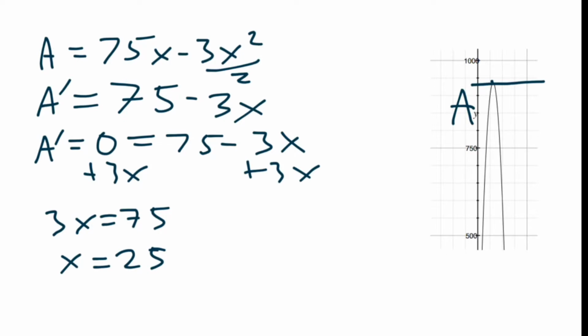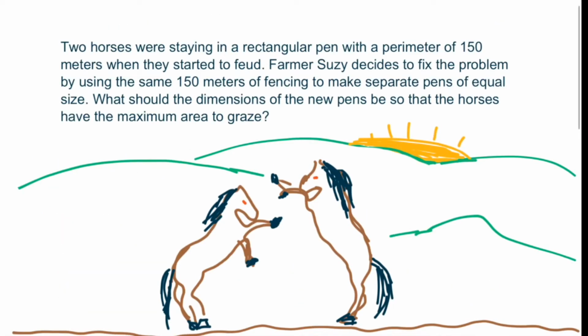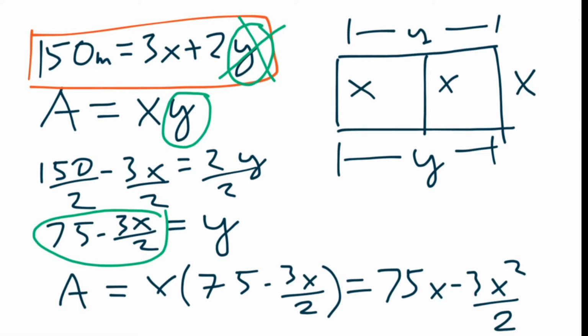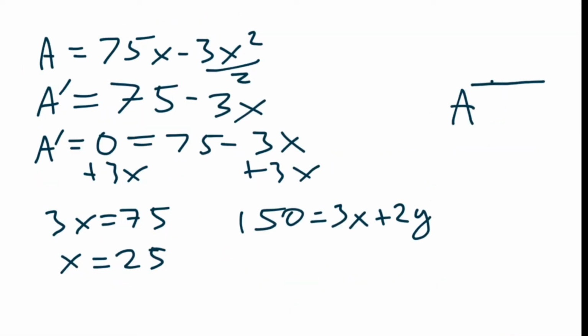Okay, so now we've helped Farmer Susie out. We have one dimension of the pen: the x length is going to be 25. So let's use that same equation that we had before. We had 150 equals 3x plus 2y. Well, actually, we already solved for y, right? What was it? y equals 75 minus 3x over 2.